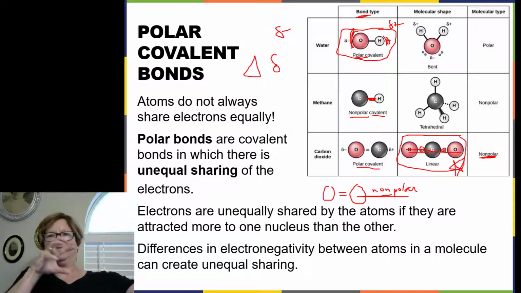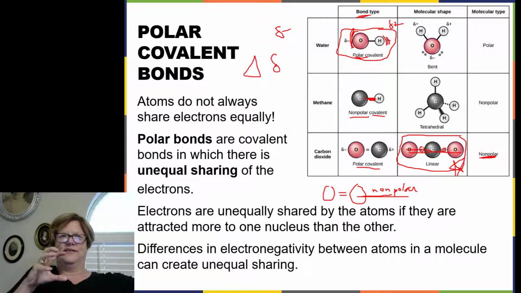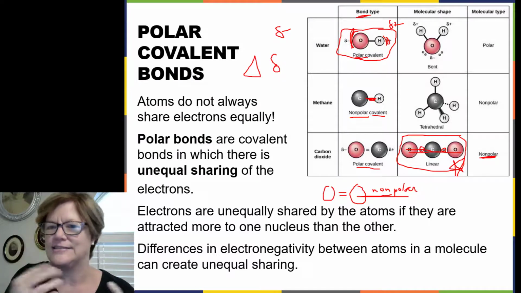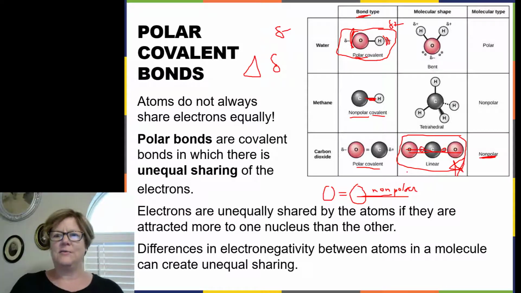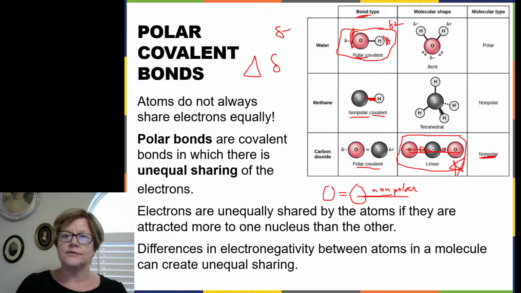We only look at the ends, and the ends are both partial negative, so there's not one that's different than the other. Pretend like you don't know that the middle is partial positive. So the two ends are partial negative, so it's not like one end is different than the other end. They're both the same, so it reacts like a nonpolar molecule. So oxygen in the air is nonpolar. Carbon dioxide, strangely, is nonpolar.